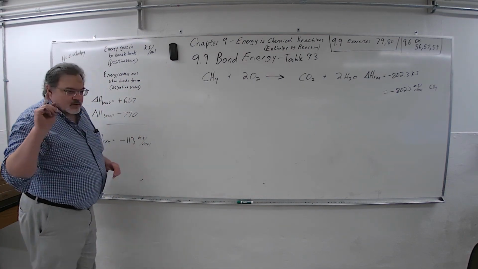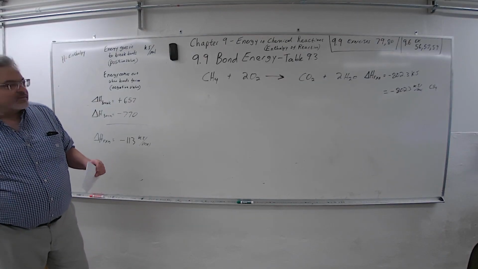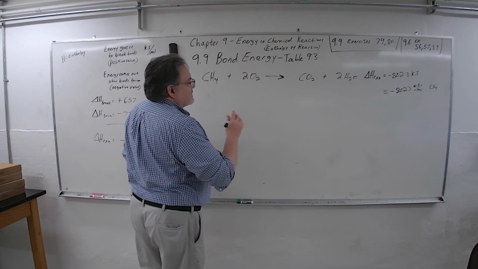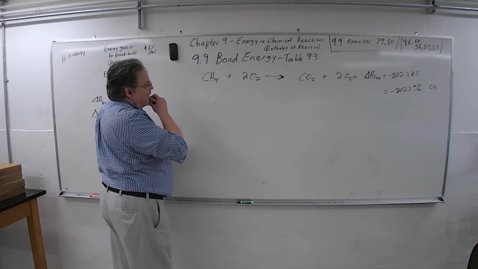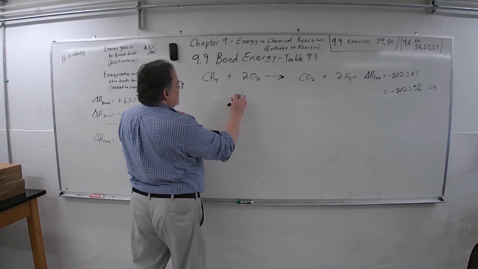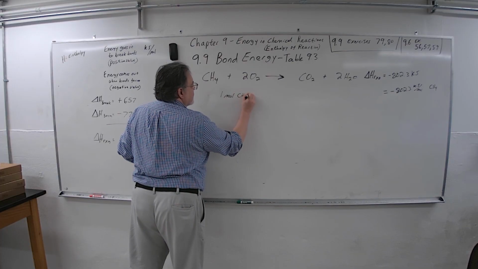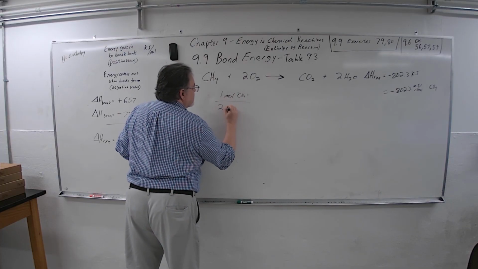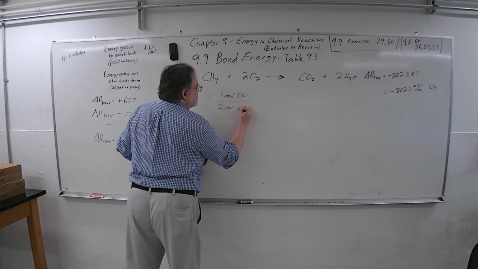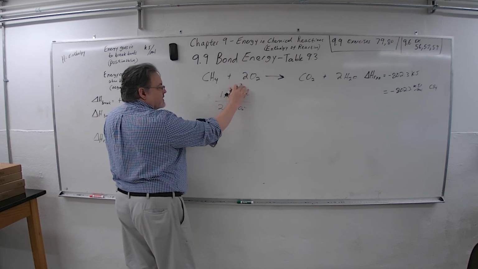But you'll remember this, if I did go through this for you before. This is just like before where I told you that this is a summary of 1 mole of CH4 to 2 moles of O2. That's a mole ratio.